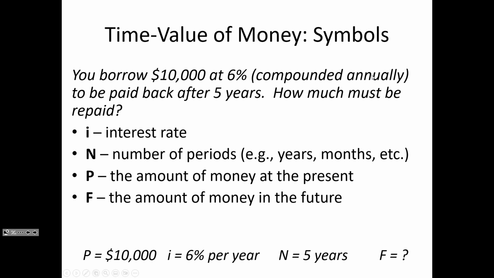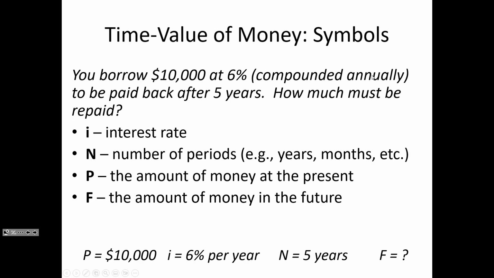Okay, so it'd still be F/P, find F given P, and then it would be 6 divided by 12, because we want to know the interest rate per period. And 0.06 divided by 12 months per year means that I is 0.005, and then N is what? 60. Right, good. So it's the same problem type, but we just have to be nimble when the compounding period is something other than annual.